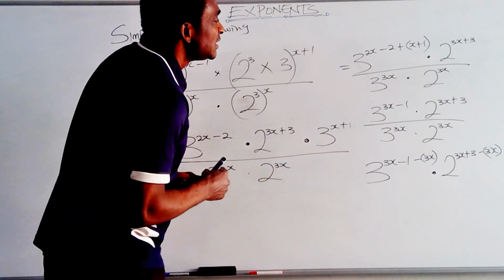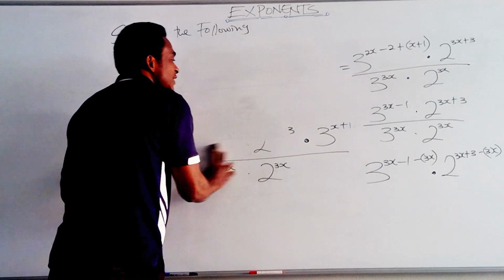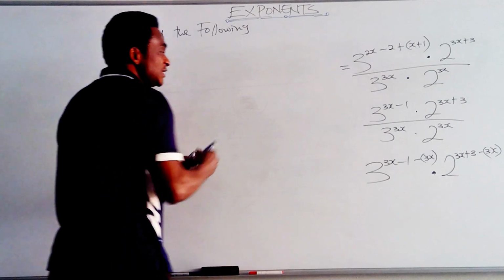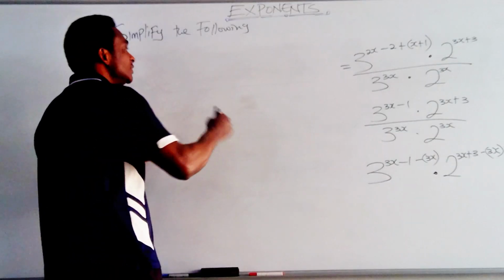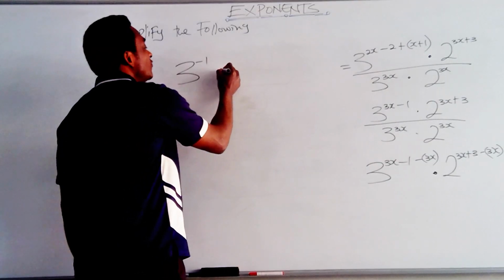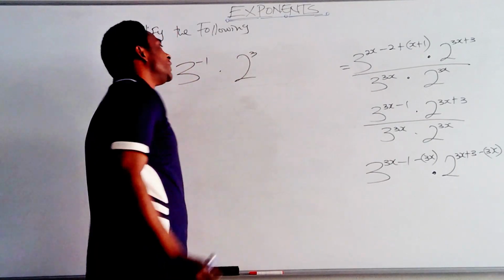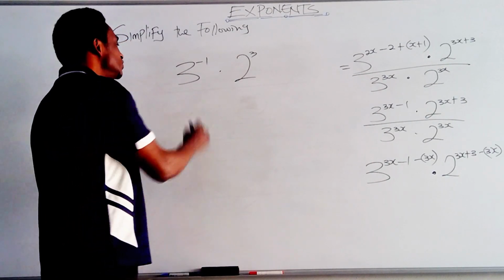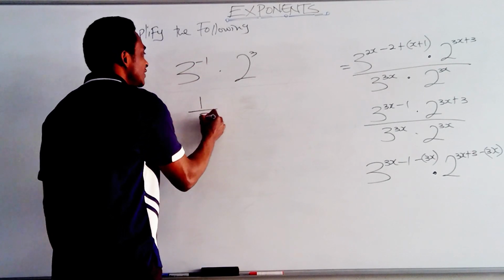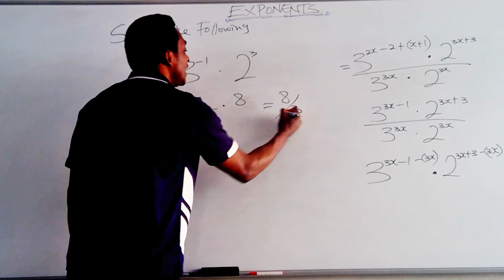The 3x minus 3x is gone. I'll have 3 to the power of negative 1 for the 3's. For the 2's, I'll have 2 to the power of 3. So this is 1 over 3 times 8, and my final answer will be 8 over 3.